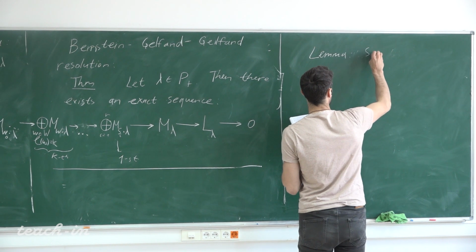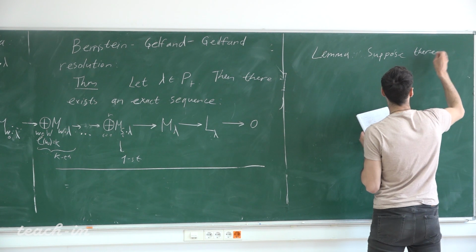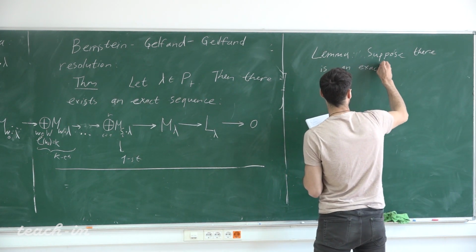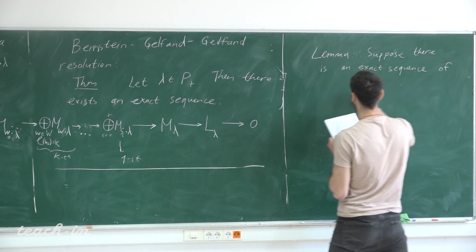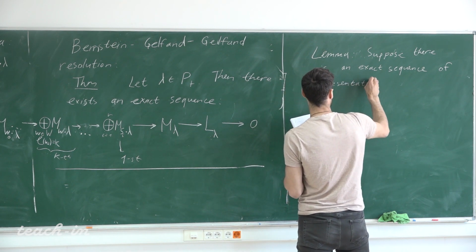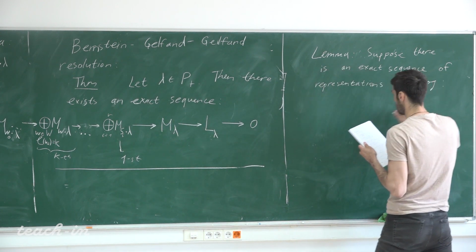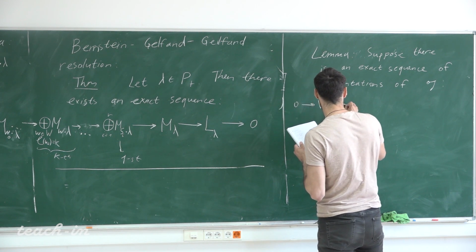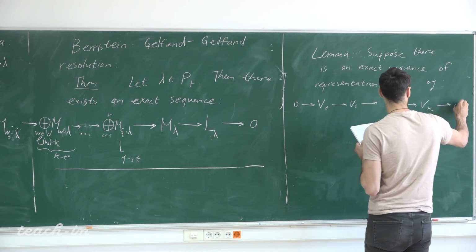Suppose there is an exact sequence of representations of G. So it starts with 0, and then I have V1, V2, and so on, and then Vk, and then 0.